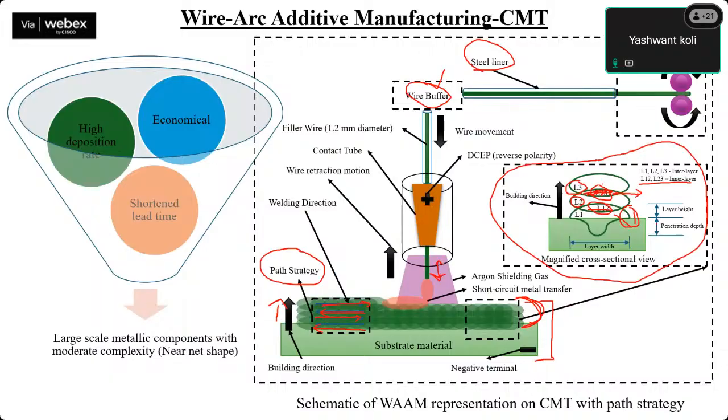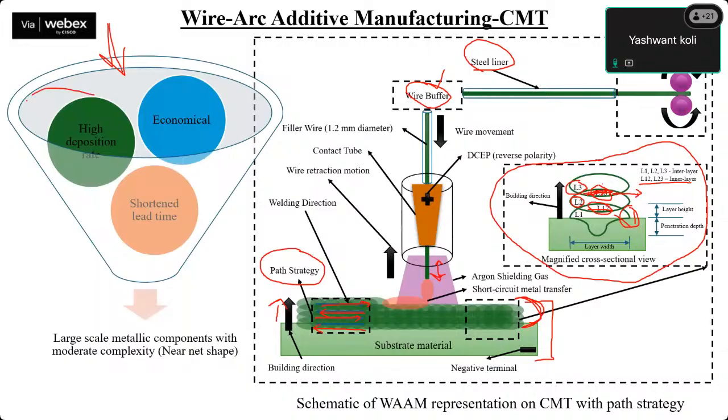So going to the next slide. Basically, why is WAM important as compared to other additive manufacturing techniques like laser powder bed fusion and extrusion based additive manufacturing? There are many additive manufacturing techniques, but why is WAM preferred?